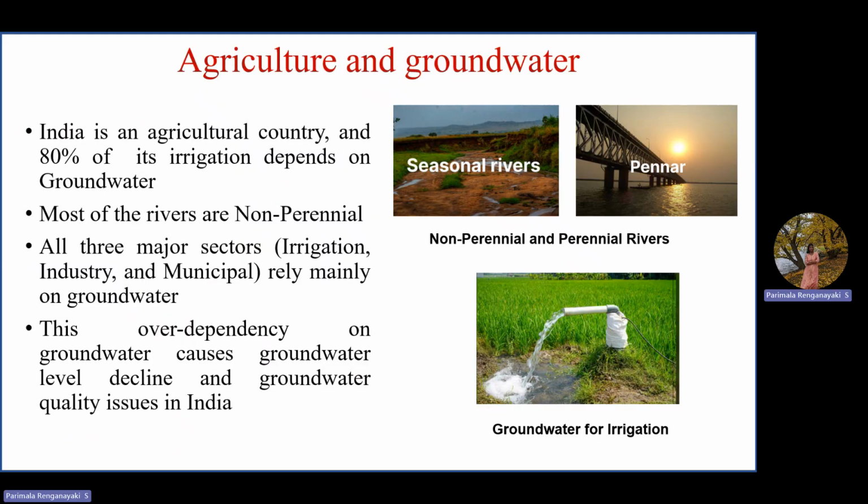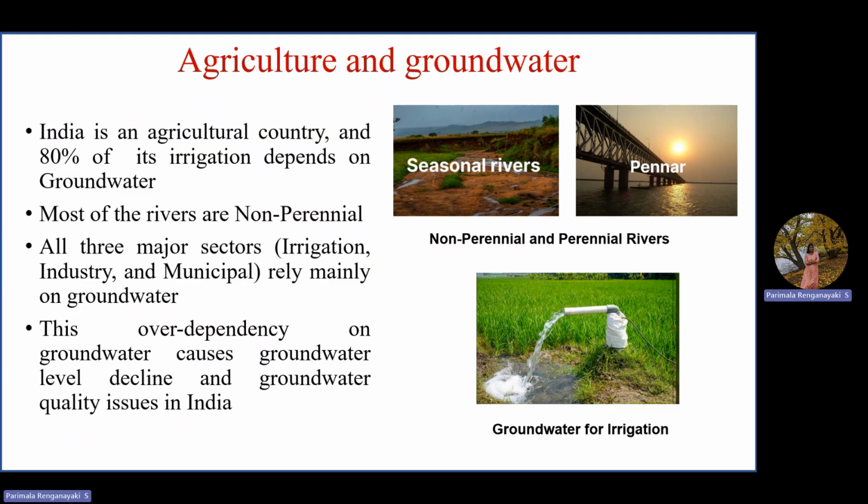Next. And then, India is an agrarian country, an agricultural country, and 80% of its irrigation depends on groundwater only. Because in the southern part of India, we have only non-perennial rivers, whereas in northern India, we have perennial rivers from which they can take water and use it. But still, the infrastructure for agriculture is poorly developed.